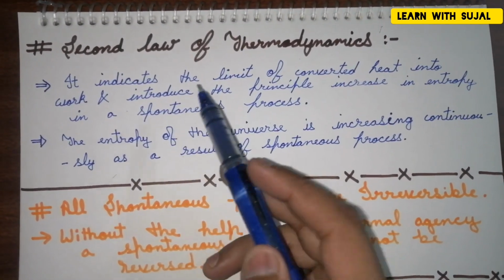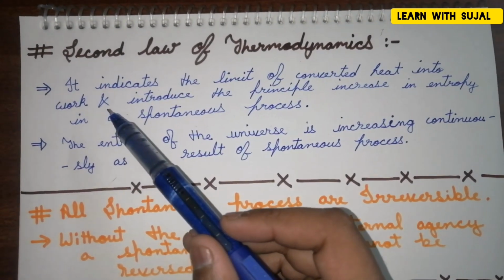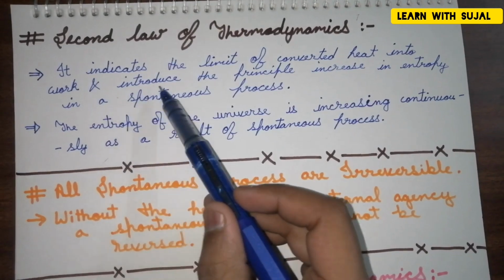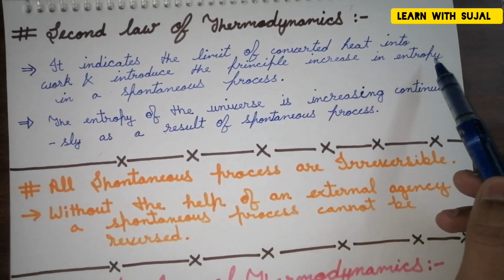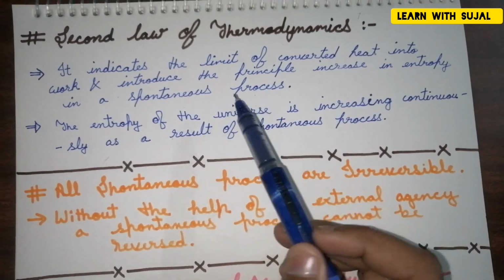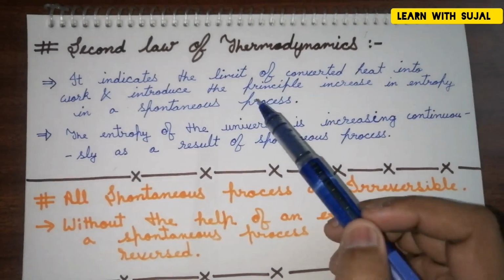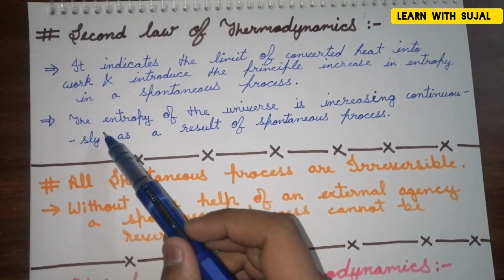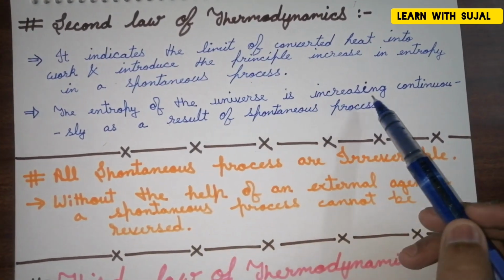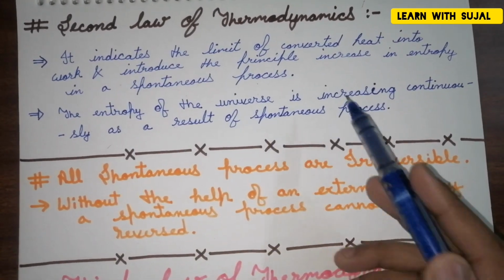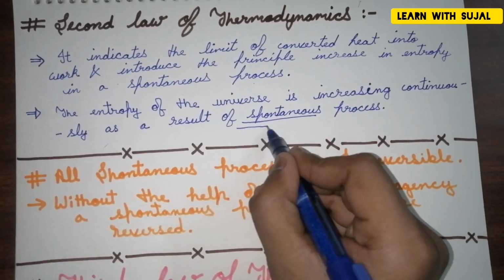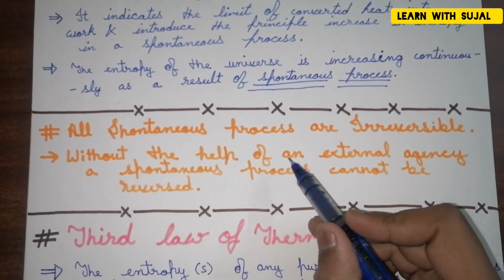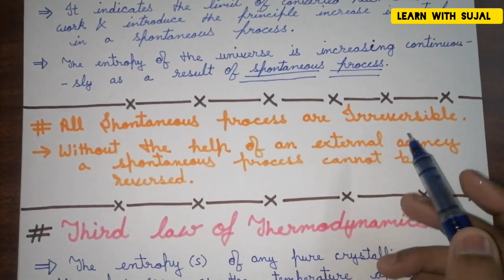Now we will discuss the second law of thermodynamics. The second law of thermodynamics indicates the limit of converting heat into work and introduces the principle of increase in entropy in a spontaneous process. It states that the entropy of the universe increases continuously as a result of spontaneous processes. Now some points: all spontaneous processes are irreversible.